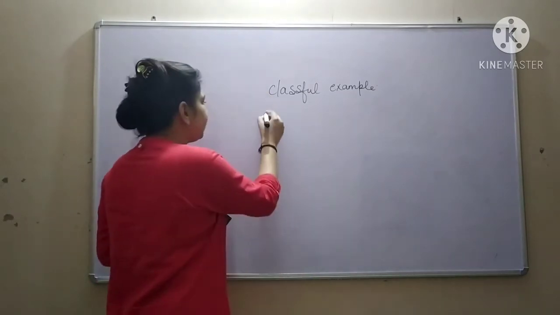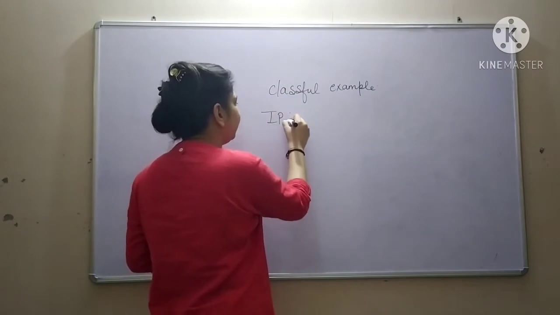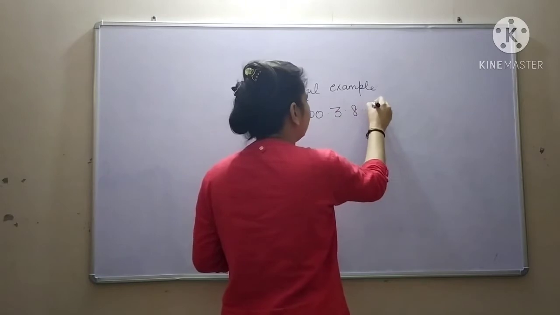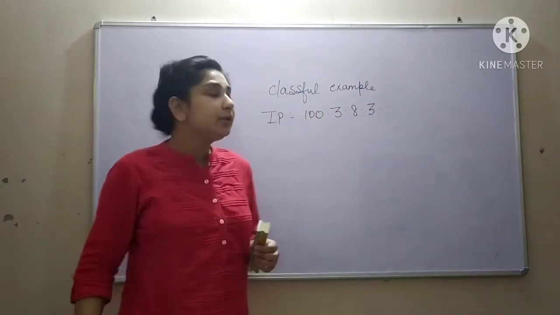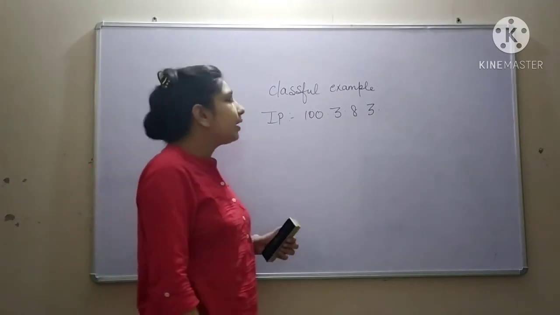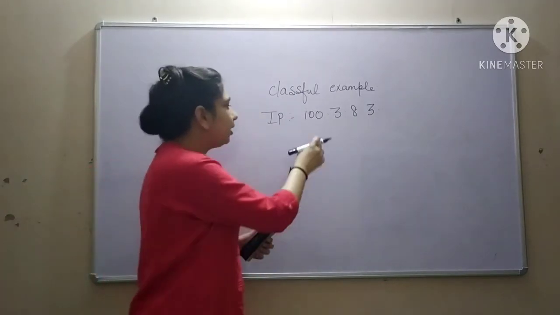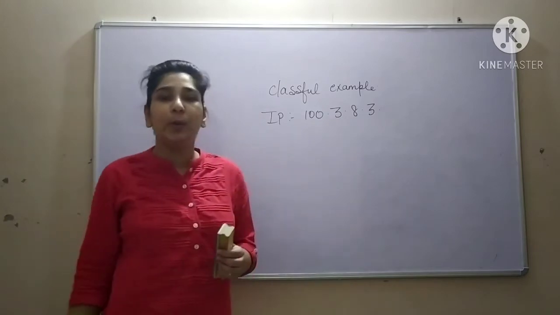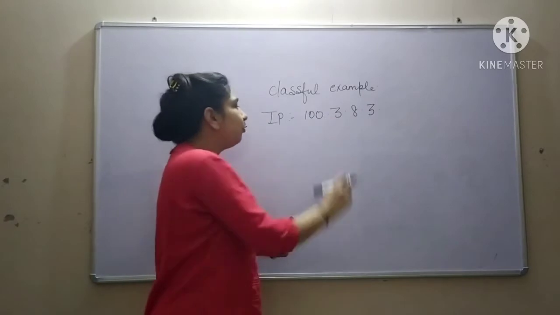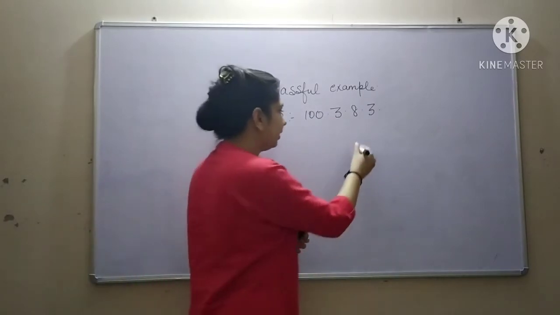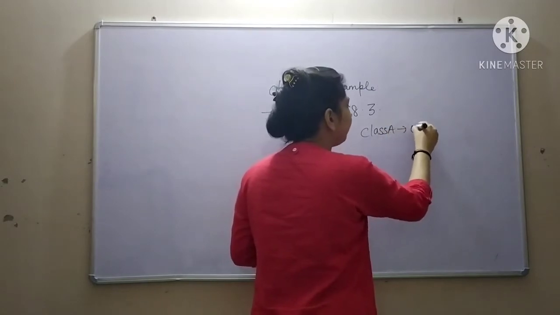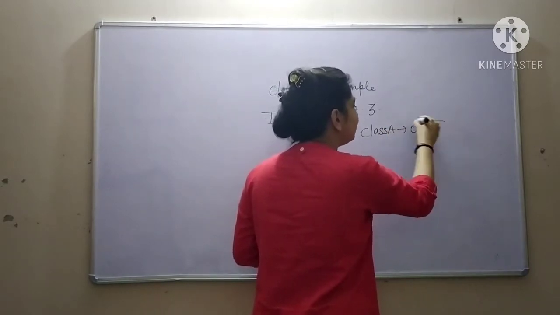So let's suppose we have an IP address 100.3.8.3. Firstly we need to determine the class to which this IP address belongs. If you remember, in class A IP addressing, the first octet was from 0 to 127.